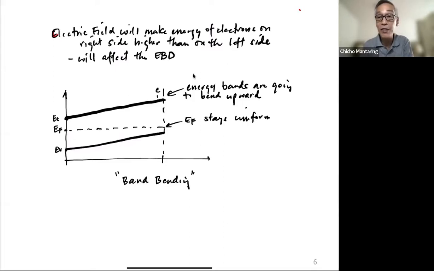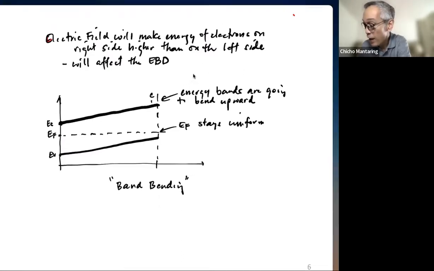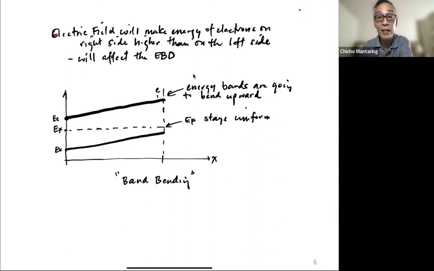Basically, that's E of C, and this is with respect to X. So it only means that as we go toward the right, the minimum amount of energy needed by an electron to break away from its covalent bond will be higher. Okay. Anyway, try to digest that.